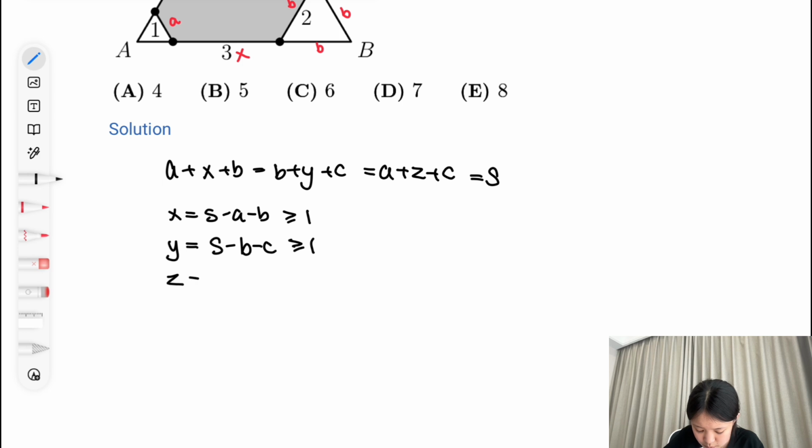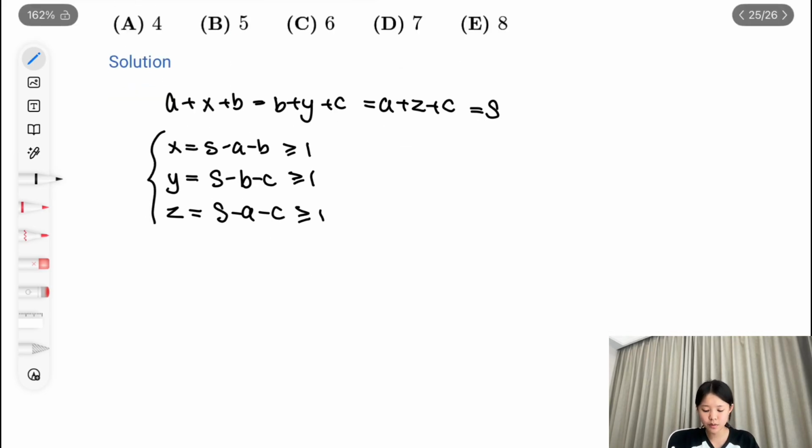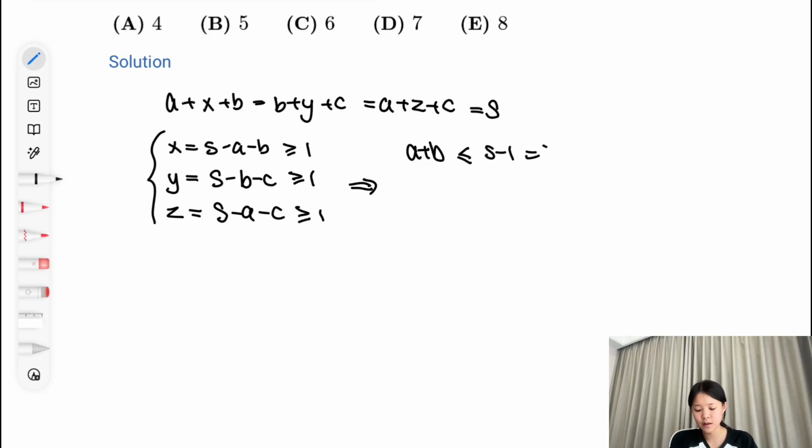And Z equals S minus A minus C, larger than or equal to 1. So if we convert this to A plus B, we get A plus B less than or equal to S minus 1 equals 5. And then B plus C less than or equal to S minus 1 equals 5. And then A plus C less than or equal to S minus 1 equals 5 as well.